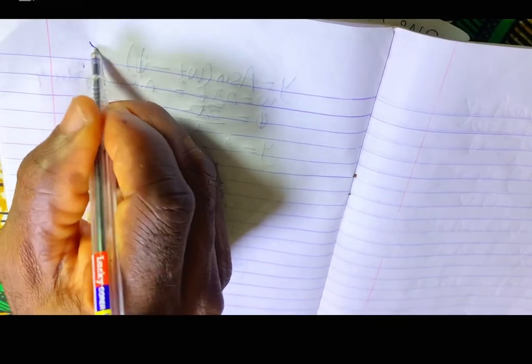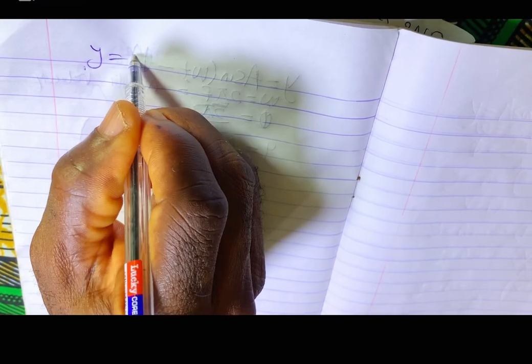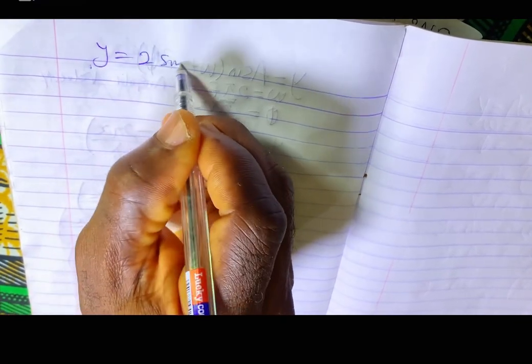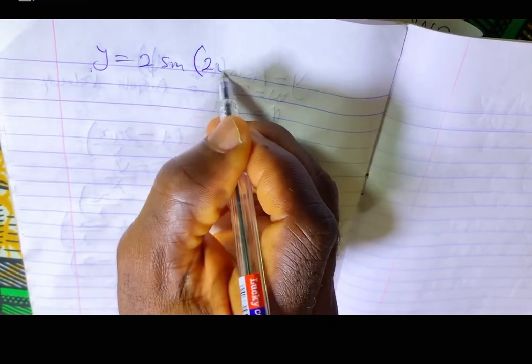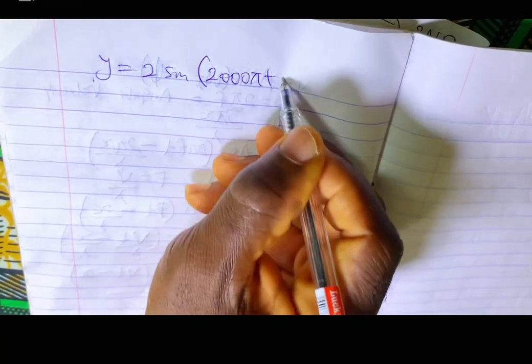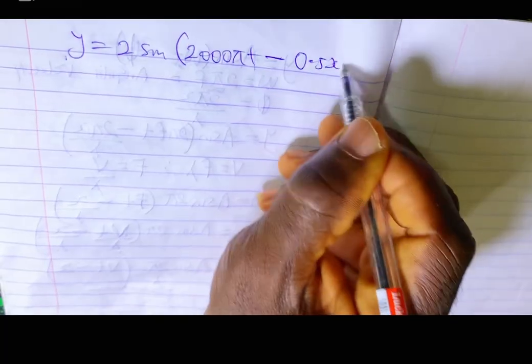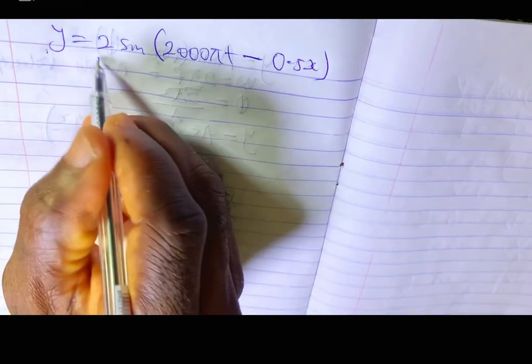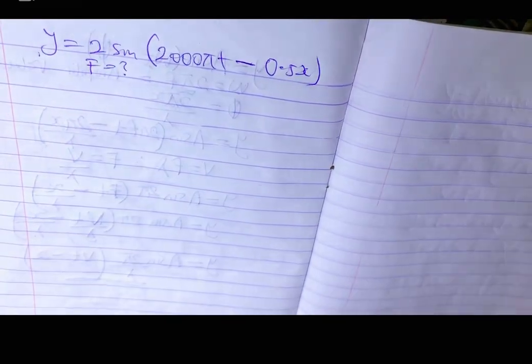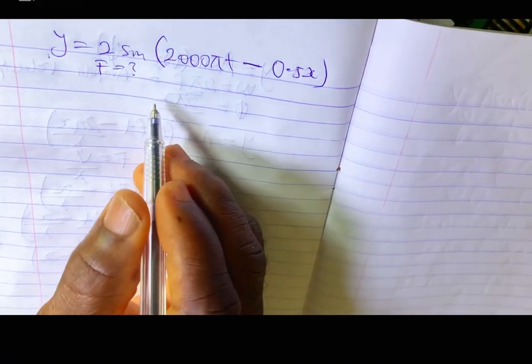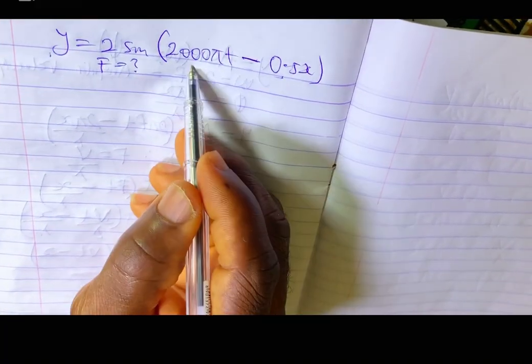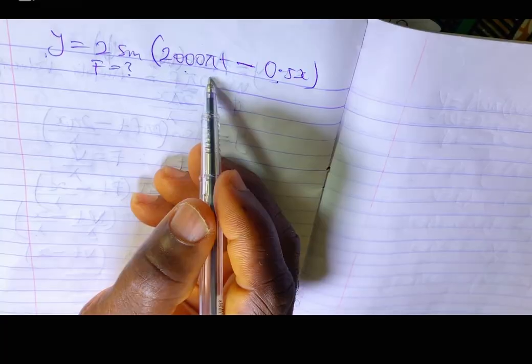Wave equation, which is y equals 2 sine, open bracket, 2000 pi t minus 0.5 x. Now we are asked to find the frequency. How do we solve for this? Now, where do you think we can find our frequency?